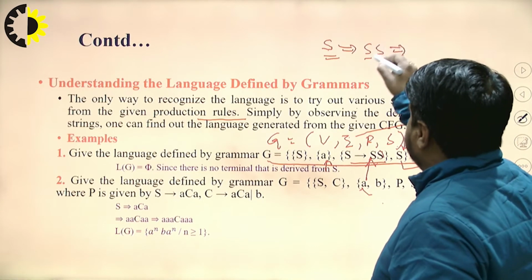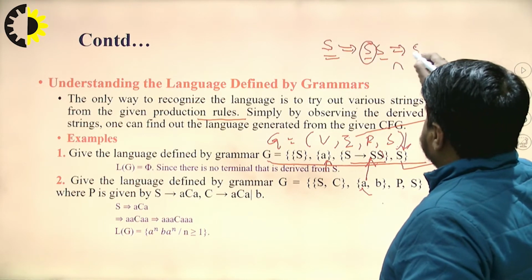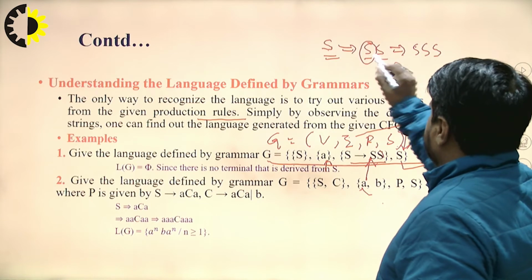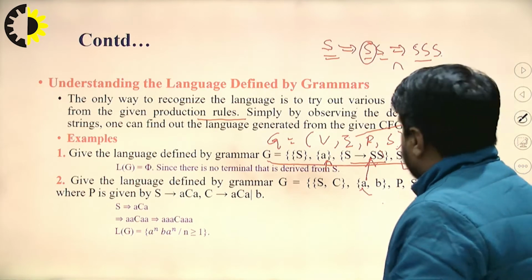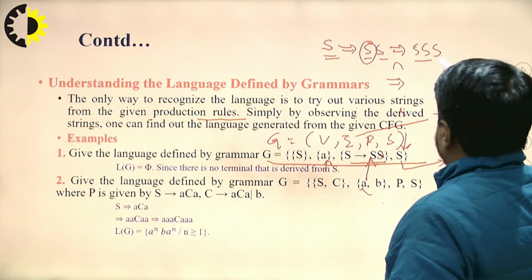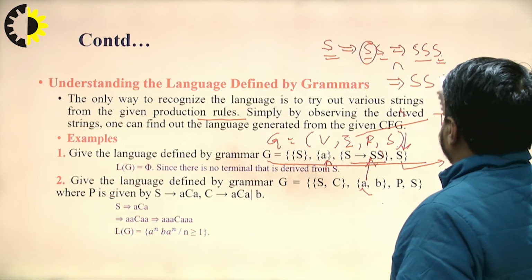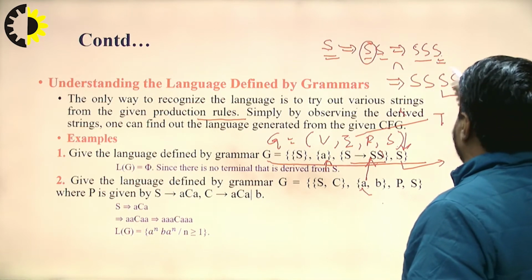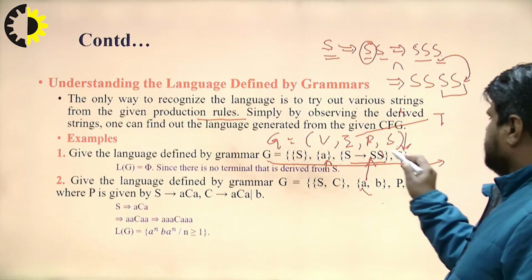If I take this one, it gets replaced by SSS, right? This S is replaced by SS and this S is appended here. After that, once again, you can take another S and replace it, so it is SSSS. This particular S is replaced by two S's, right?